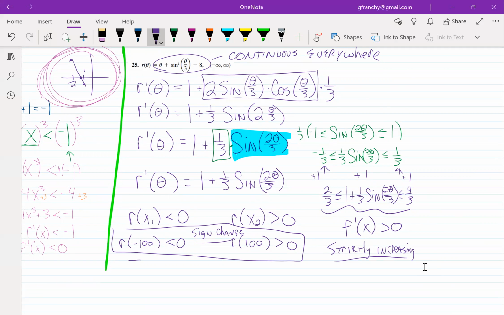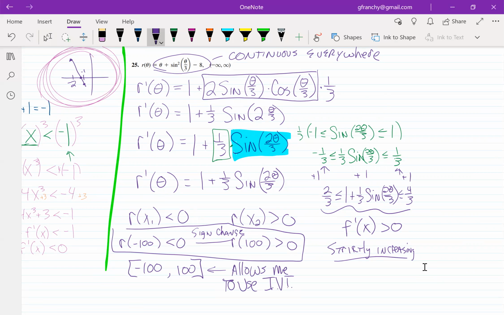So if I just go ahead and look at the closed interval, which is contained in all real numbers, we are guaranteed a zero in there. So if I restrict it to this, it allows me to use the intermediate value theorem.